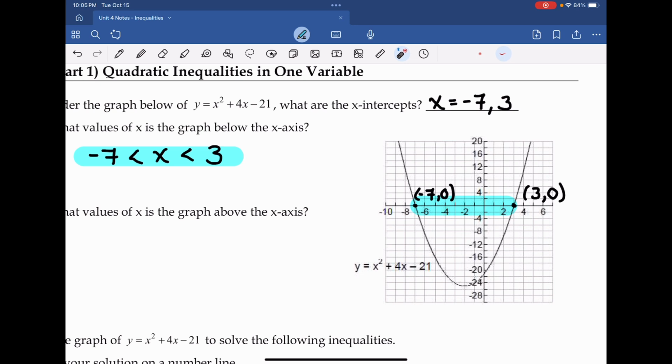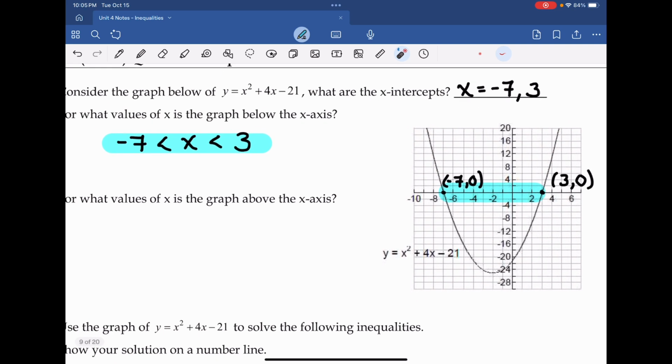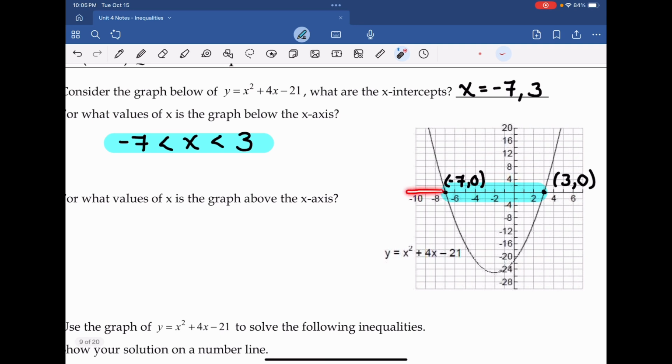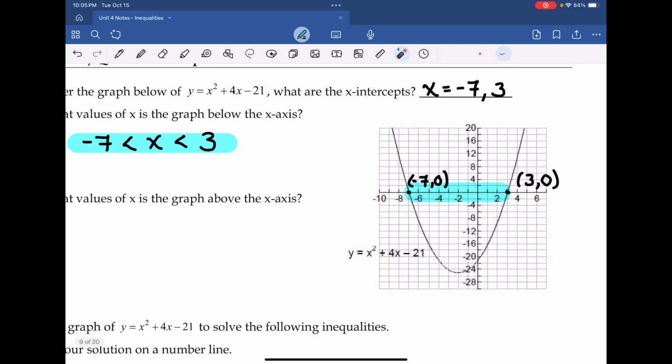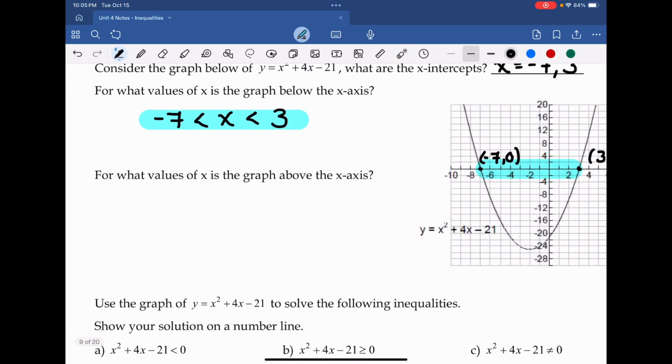Okay, now what if we think about the opposite? Where is the graph above the x-axis? It is above the x-axis on the left here, and on the right here. What x values satisfy that? Well, if we look at our graph, it would be all the x values to the left of -7 and to the right of +3. First let's write out our inequalities. It must be that x is either less than -7 or x is greater than 3.